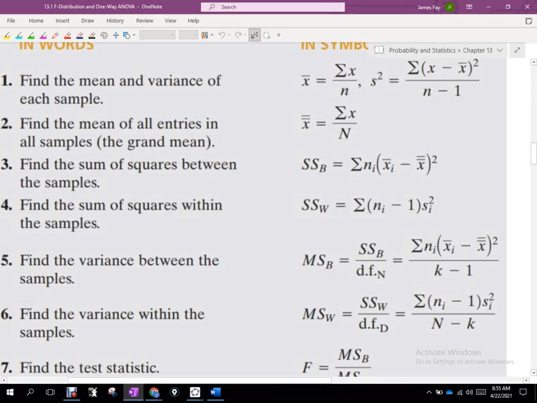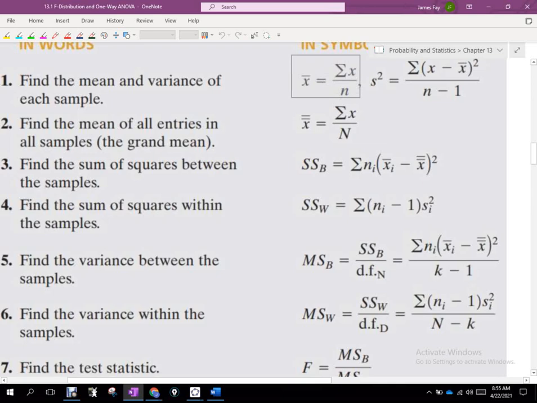Okay. So here it says find the mean and variance of each sample. So X bar, that's X bar that we've always known. That's the sample mean. So you're going to add up all your samples and then divide by how many you had. That's exactly what we've done. That's a formula from 4th grade math when you learn how to do averages.